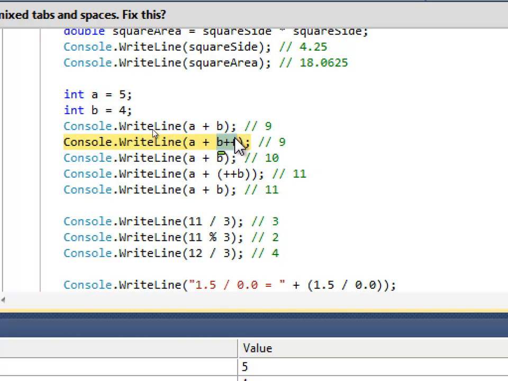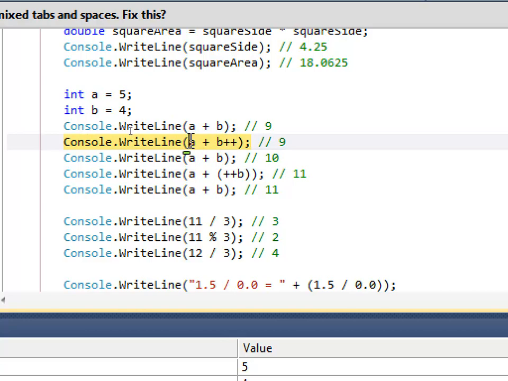There are two ways to increment a number, and those of you who've done C++ will know it as well, because it's the same. We have the option to put the unary operator plus plus before or after the number that we're trying to change. In this case, it appears after, and here it appears before. The trick here is that once we put the plus plus after the number, it will make the operation happen at the end of this statement.